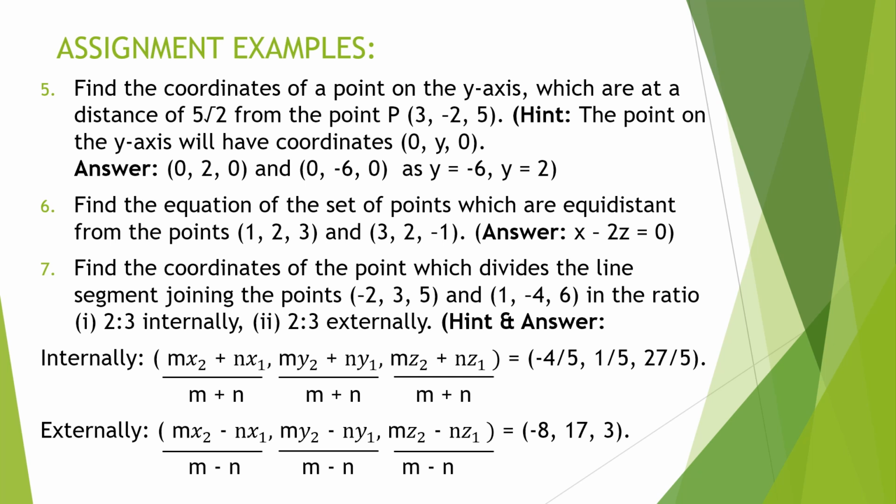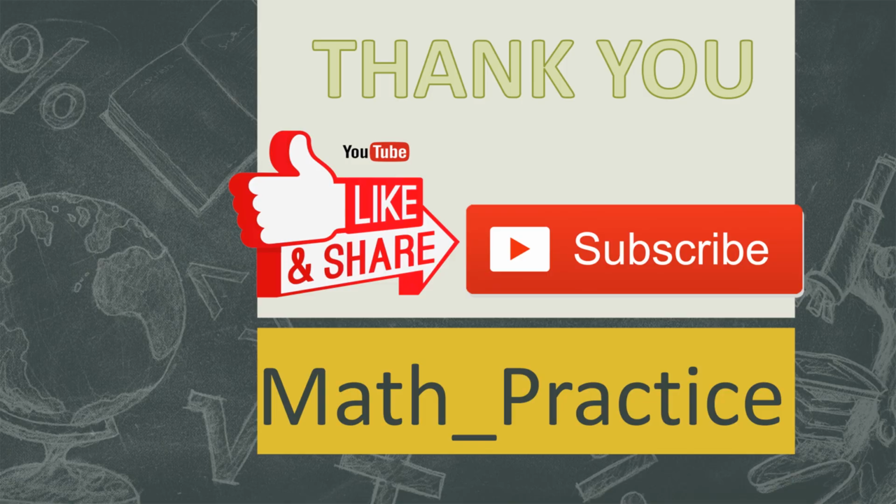For internal division, you know, mx2 plus nx1 upon m plus n and so on. For external division, the formula is similar, only you have a minus sign. So for external division, the coordinates will be given by mx2 minus nx1 upon m minus n, my2 minus ny1 upon m minus n and mz2 minus nz1 upon m minus n. The answers are also given.